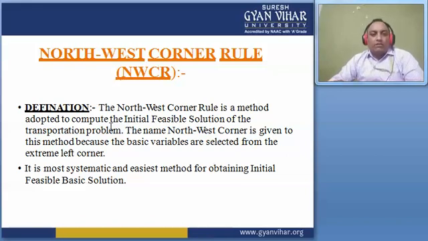The name northwest corner is given to this method because the basic variables are selected from the extreme left corner, and it is the most systematic and easiest method for obtaining the initial basic feasible solution, right?